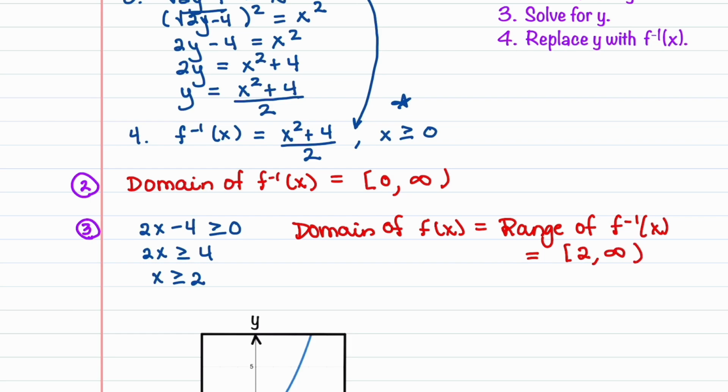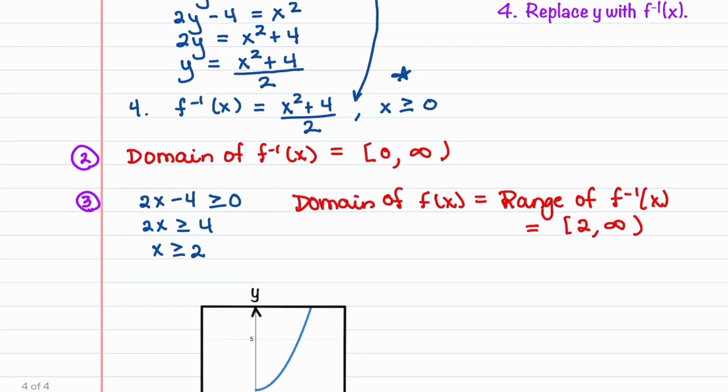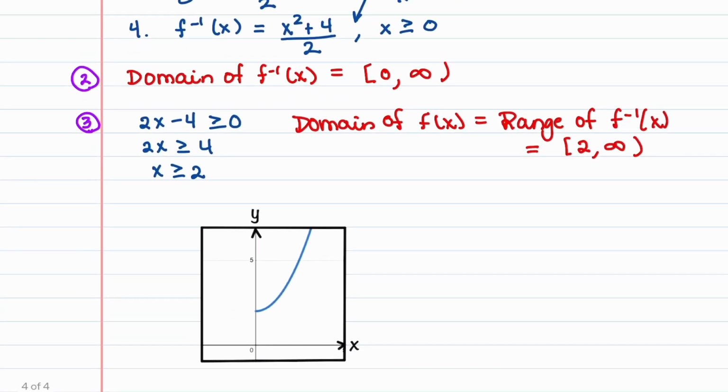And we did it. Before I end this video, I want to show you the graph. So here's our graph of our inverse function, x squared plus 4 divided by 2, with the restriction that x is greater than or equal to 0. This is what our graph looks like.